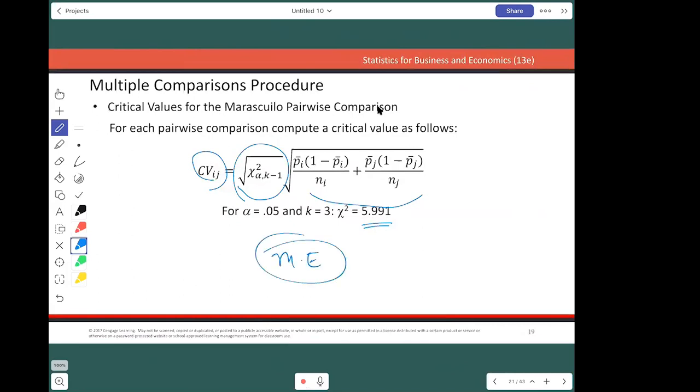If we're using chi-squared to give us an estimate of our critical value, of the Z value right here, it's as if we were trying to find a confidence interval based on the data that we have. And when we find that confidence interval for the difference between those two proportions, we have to check whether or not the margin of error is bigger than the point estimate.